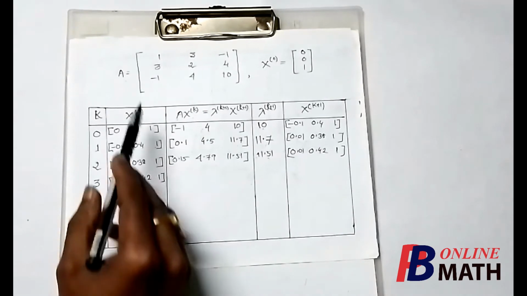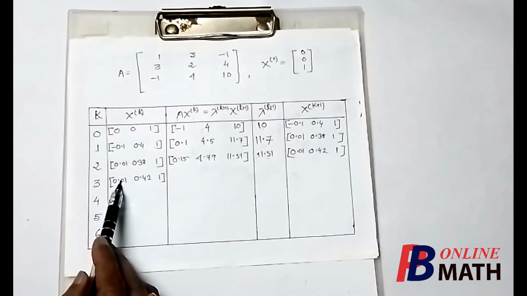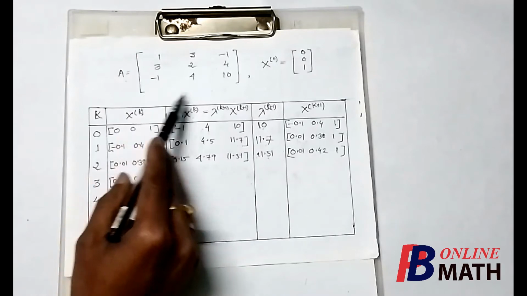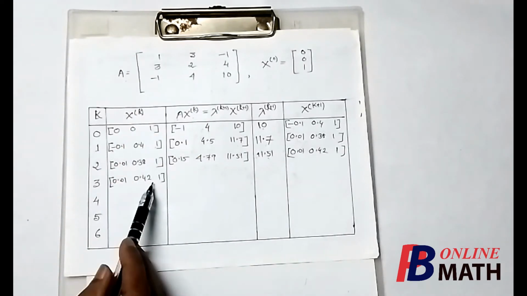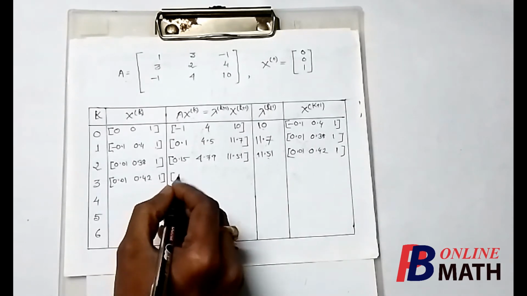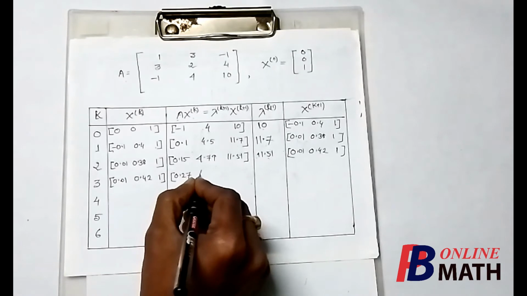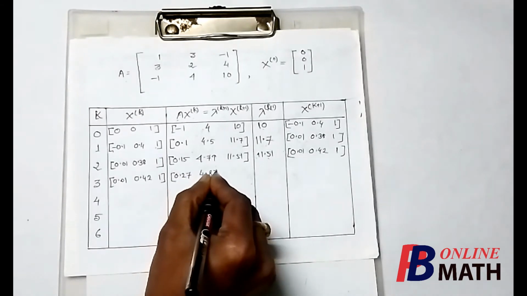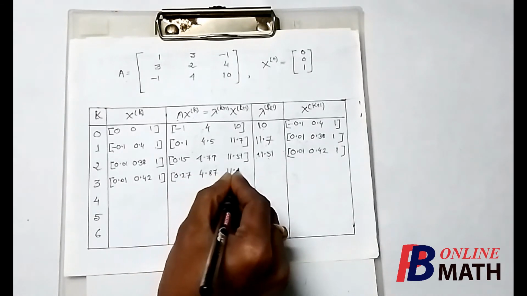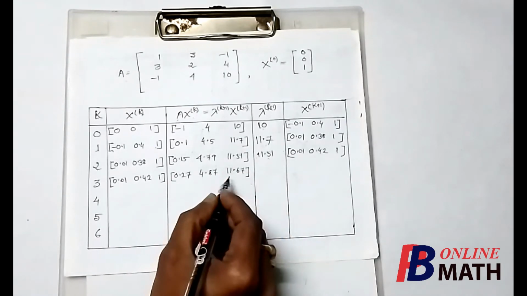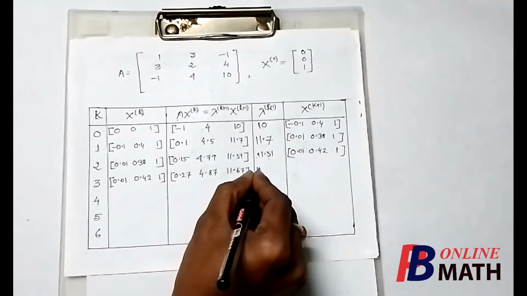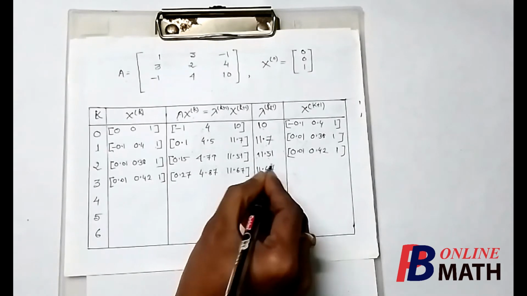Now we need to multiply A and this vector. So if we multiply this matrix with this column vector, then we get the new column vector, which is 0.27, 4.87 and 11.67. So here 11.67 is the new approximation of the eigenvalue.